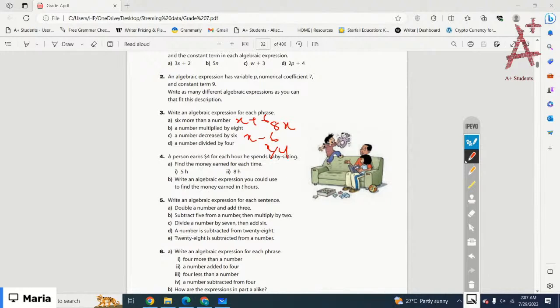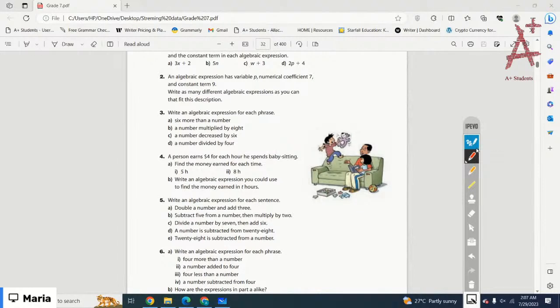A person earns $4 for each hour he spends babysitting. Find the money earned for each time, 5 hours, 8 hours. Write an algebraic expression you could use to find the money earned in t hours. Got it? So you are given, for 1 hour, the person charges $4. So you have to see, if he works for 5 hours, how much he will charge. Got it? So $4 per hour.